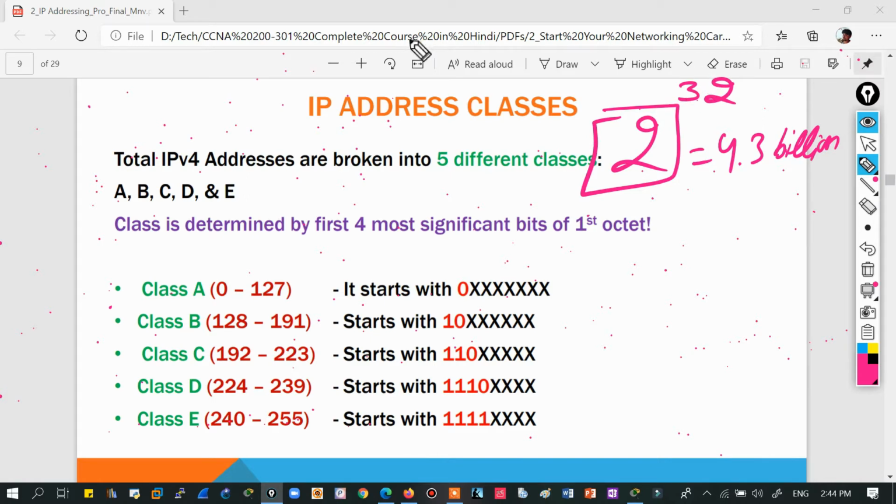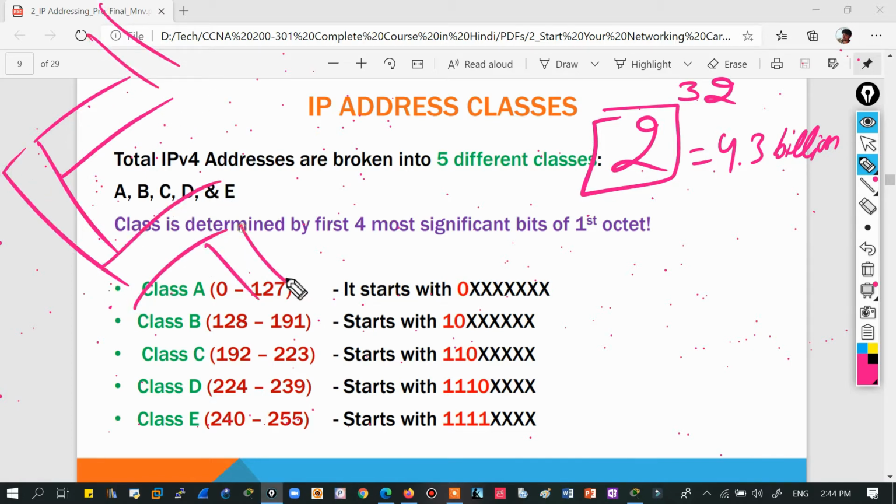But you know that when we assign IP address, there should be some convention to assign IP. Like when we are living in some street, for example, this is some street, again this is some street, and like this there are some cities.